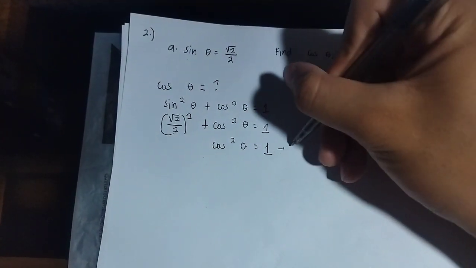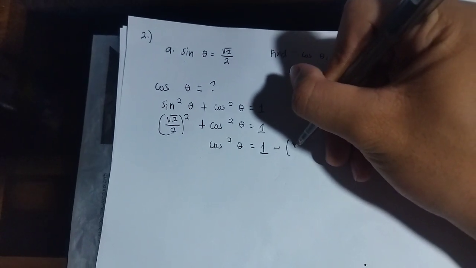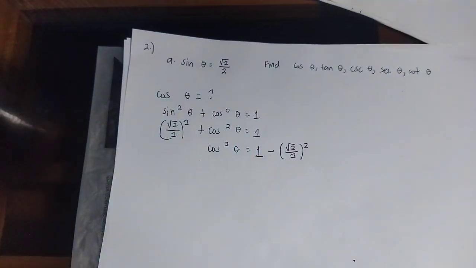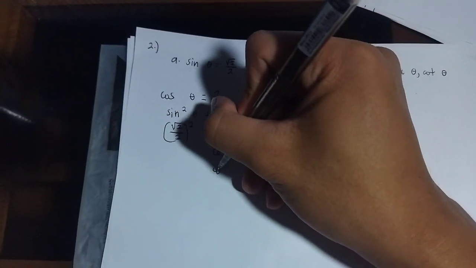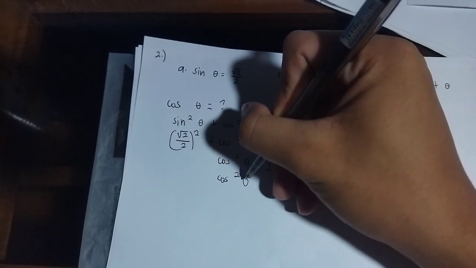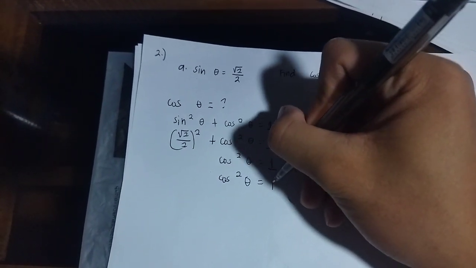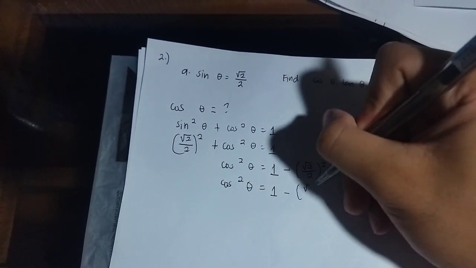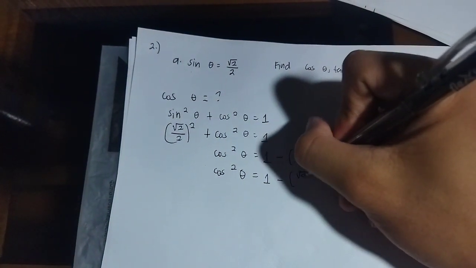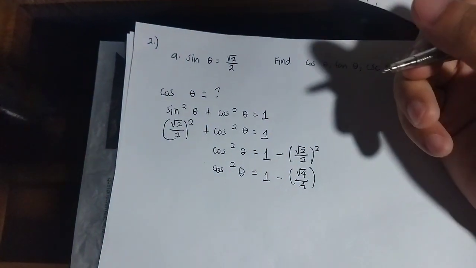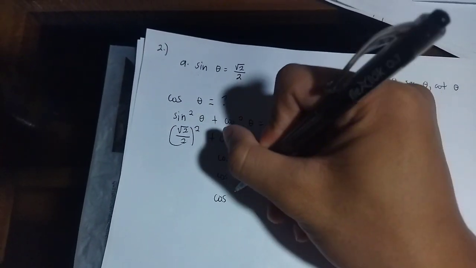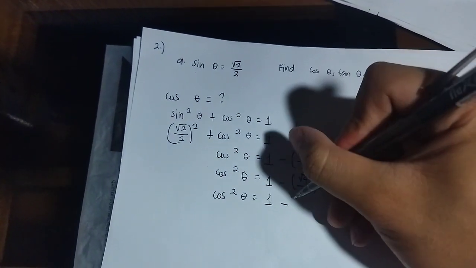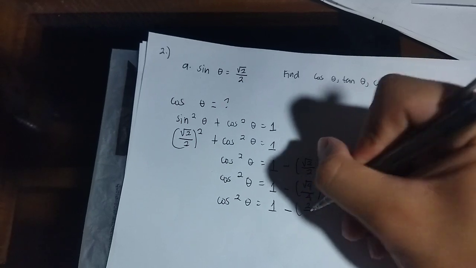So we have negative square root of 2 over 2 squared. Then copy cosine squared theta is equal to 1 minus square root of 4 over 4. Then copy the cosine squared theta, then 1 minus 2 over 4.